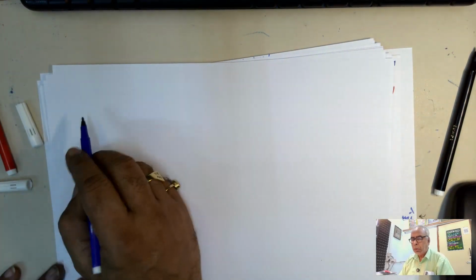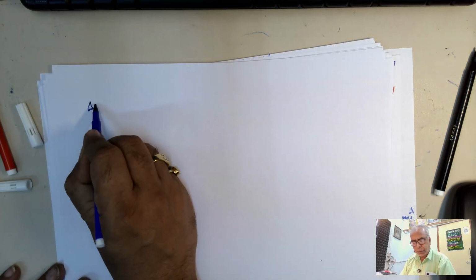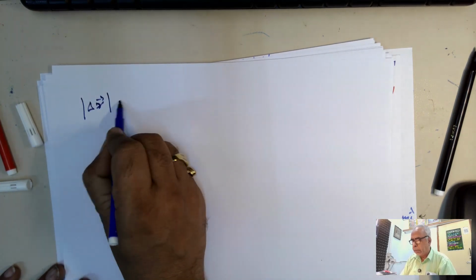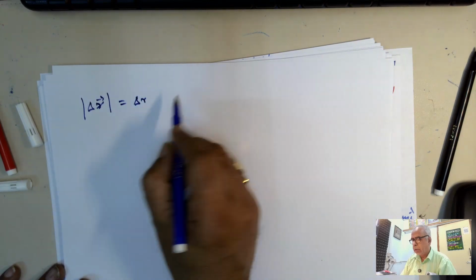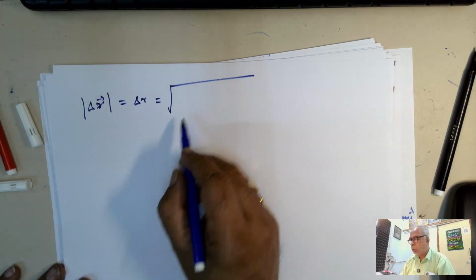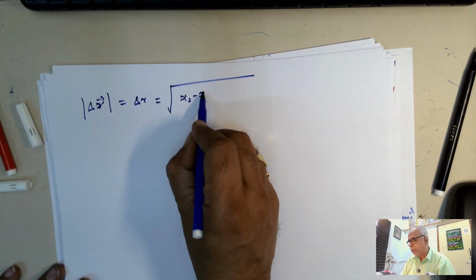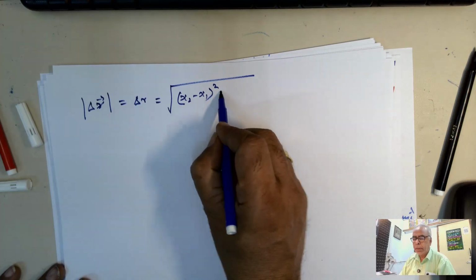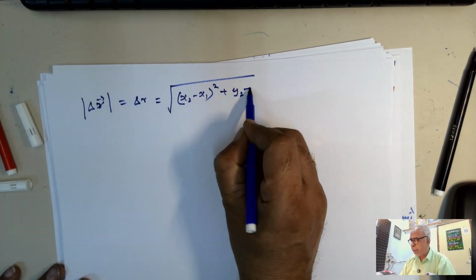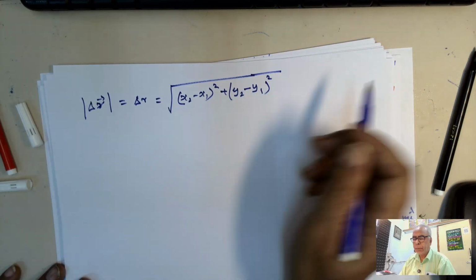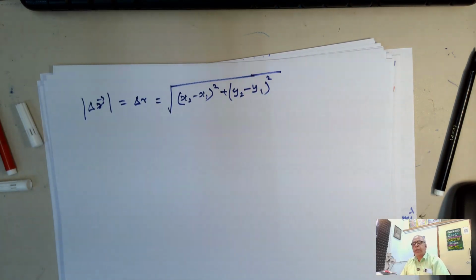So delta R vector modulus, that is the magnitude, is nothing but the square root of x2 minus x1 the whole squared plus y2 minus y1 the whole squared.